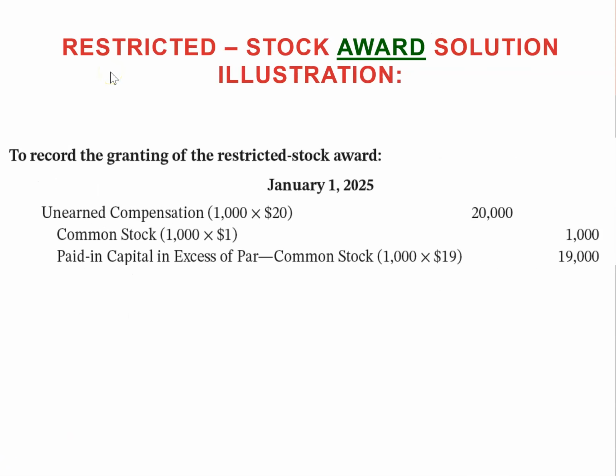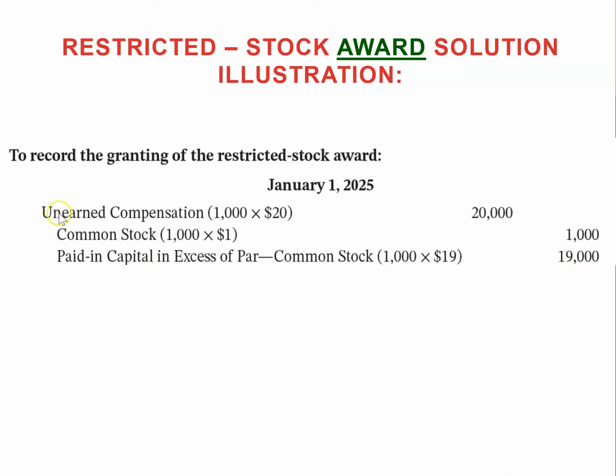On the grant date, the company is actually issuing stocks and transferring them to the CEO, Lisa Leslie. So we will record the stock issuance, 1,000 shares, $1 par value, and the stock price for each share was $20, so $19 will be paid-in capital in excess of par, or additional paid-in capital.